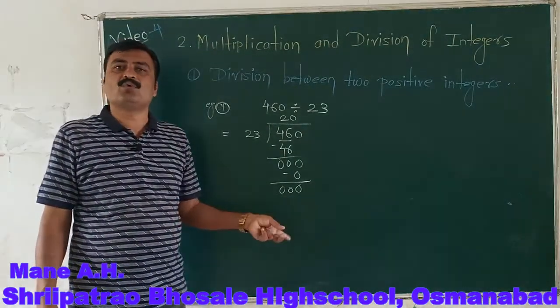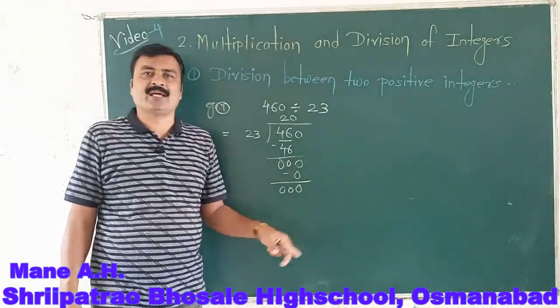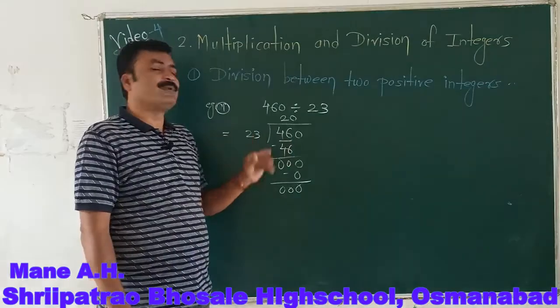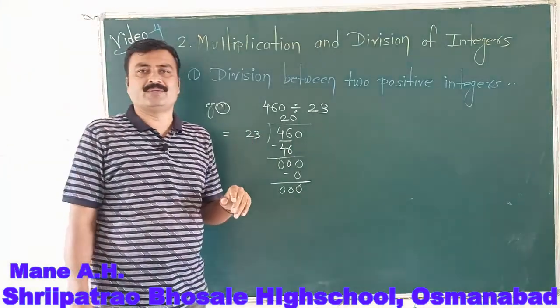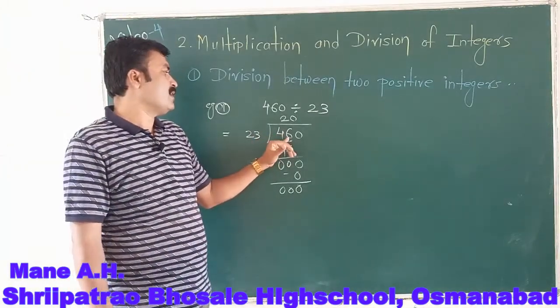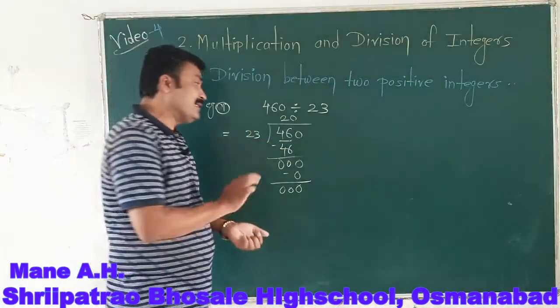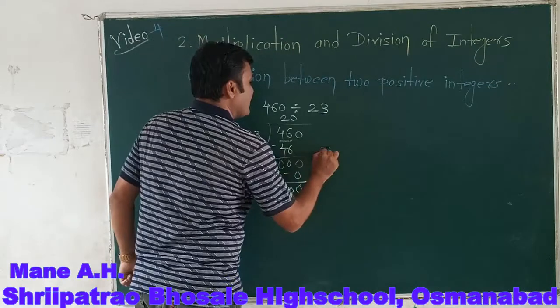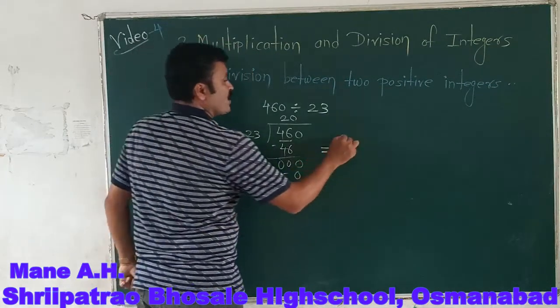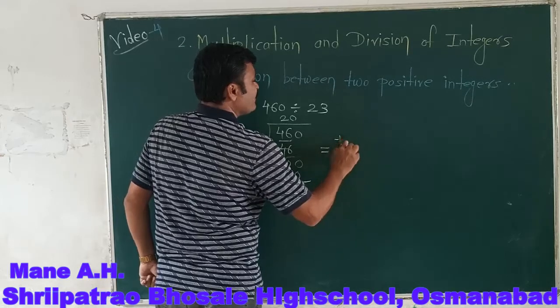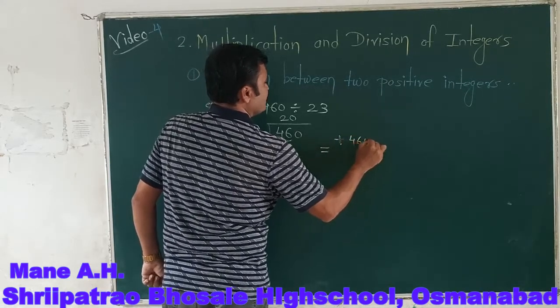हा झाला आपला पूर्ण भागाकार, बाकी शून्य आले. याच्यावर आपण काय सांगू शकतो, 460 is completely divisible by 23. 460 या संख्येला 23 ने पूर्ण भाग जातो. आता या ठिकाणी हा भागाकार करत असताना 460 पॉझिटिव्ह आहेत.